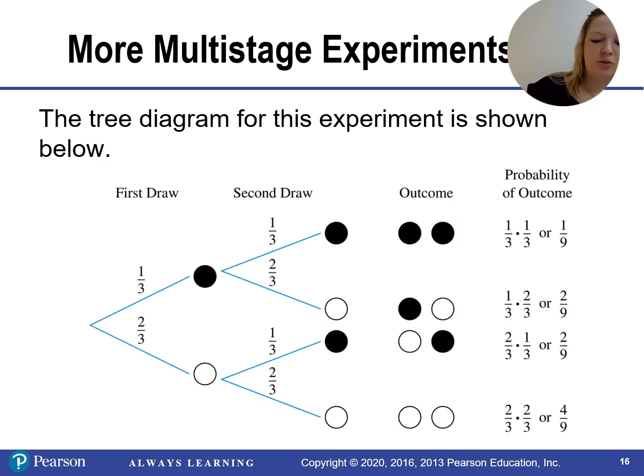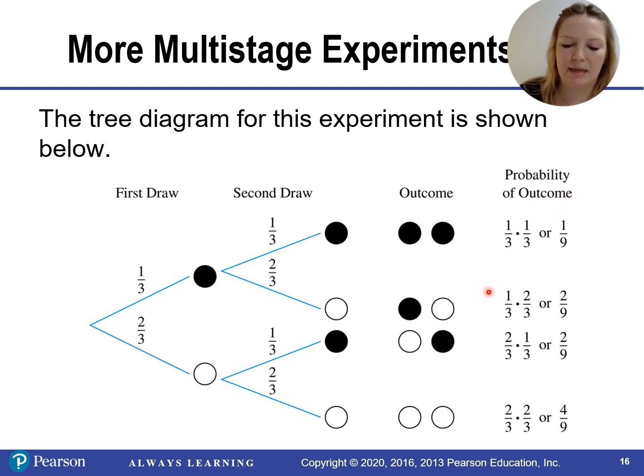So the first draw is either a 1/3 probability of a black ball, a 2/3 probability of a white ball, and then whichever ball we get, we put it back into the box, and then we have the same probabilities for the second draw. So we have 4 different outcomes: black, black, black, white, white, black, or white, white.